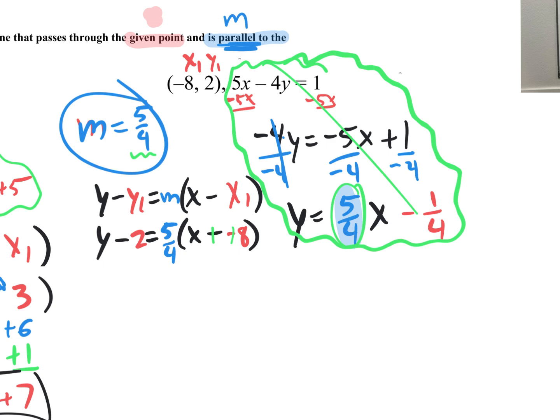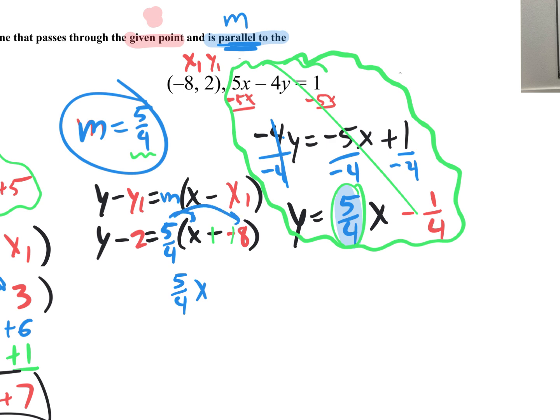But it doesn't. The instruction said write it in slope intercept form. Slope intercept is y equals mx plus b, no parentheses. So what do? You got to get rid of those parentheses. What do? Distribute. So you're going to go 5/4 times x. That's 5/4 x. 5/4 times 8.